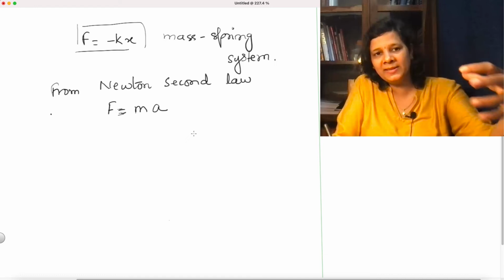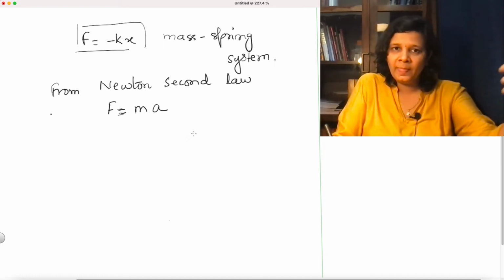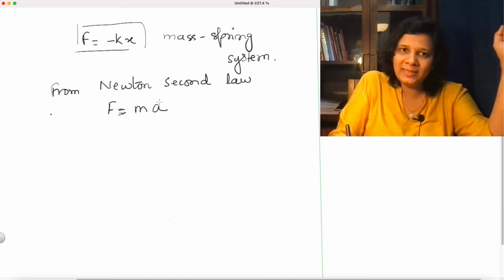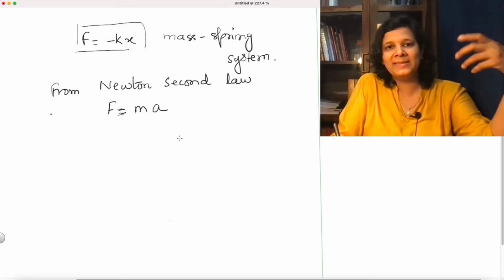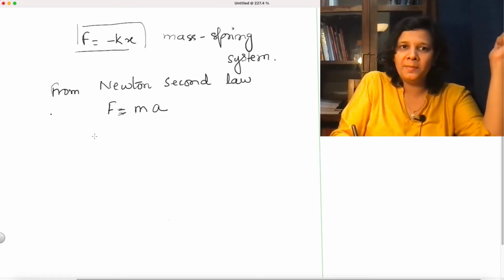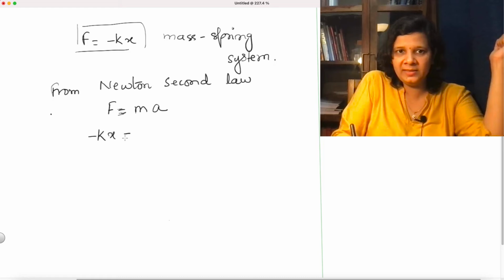Acceleration is defined as rate of change of velocity, and velocity I can define as rate of change of displacement. So this acceleration I can write as the second order derivative of displacement, and here F is minus Kx. So I can write minus Kx is equal to mass into d2x by dt square.